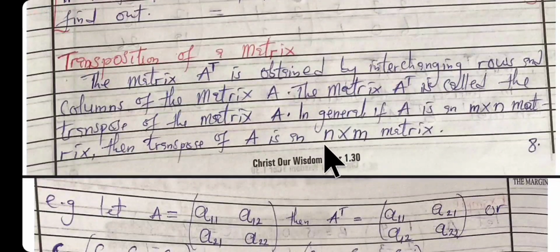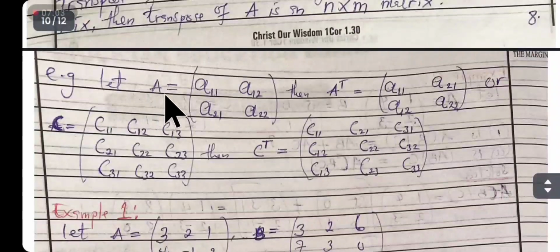So what you do is that you interchange the row and the column. If you look here, M by N, but if you find the transpose, it will become N by M. For example, let A equal this matrix. Then the transpose of matrix A will have A11 here, and then A12.